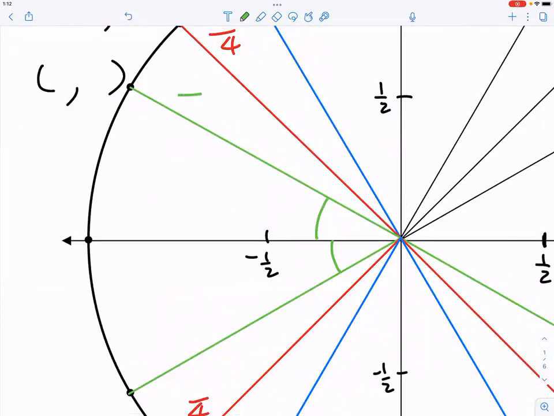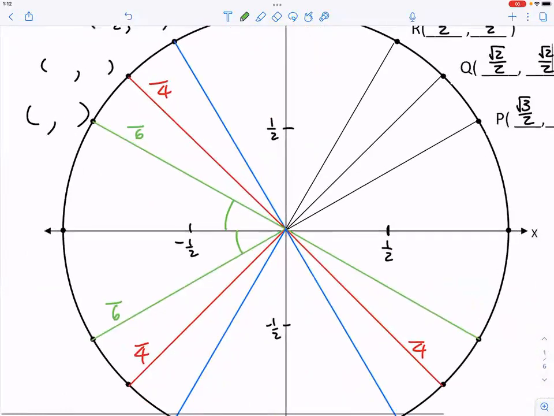The denominators are all the same. Did you realize that? The angle that's close to the x-axis is all over 6, and the one that's farthest away from the x-axis is all over 3.